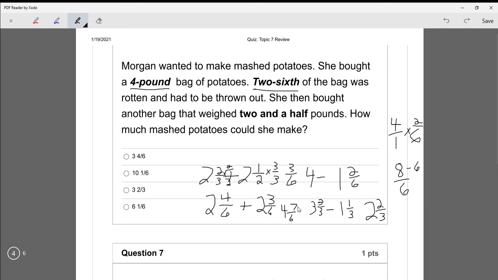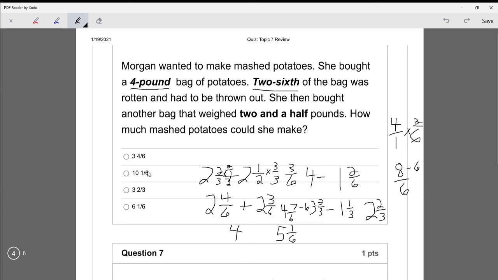So it would be 4 and 7/6. So I know that 6/6 equals 1. So if I subtract 7 minus 6, I would be left with 1/6. So this would be 5 and 1/6.